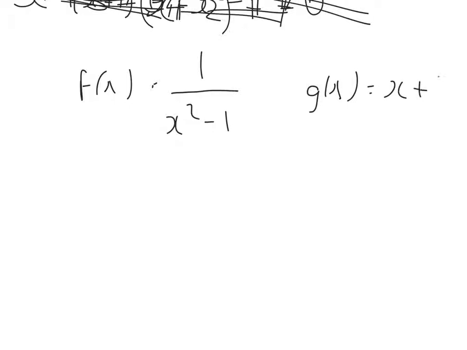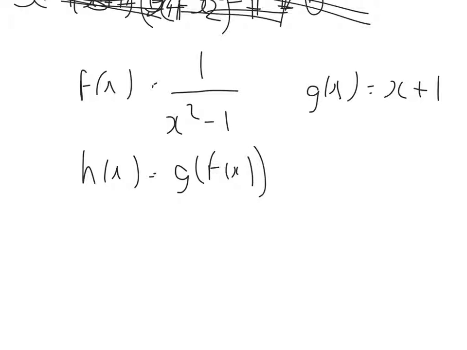Okay, next question. I've got f of x equals 1 over x squared minus 1. G of x equals x plus 1. The question then says that h of x is equal to g of f of x.